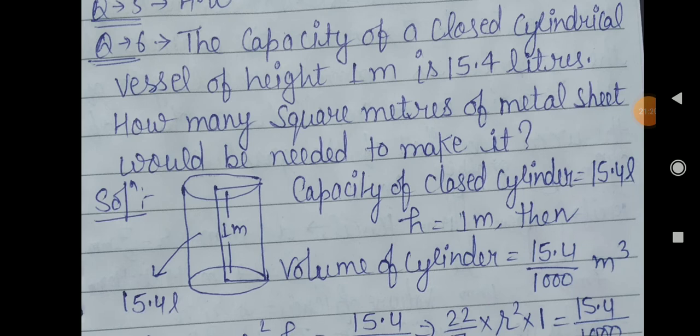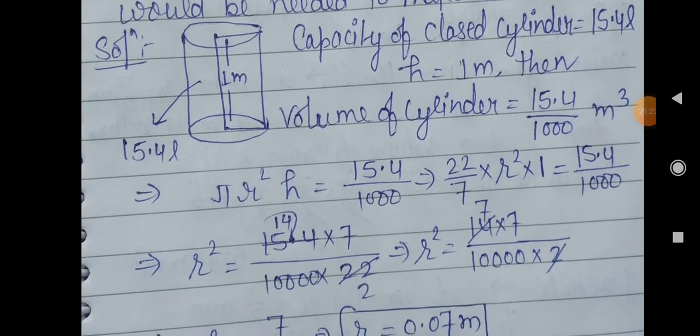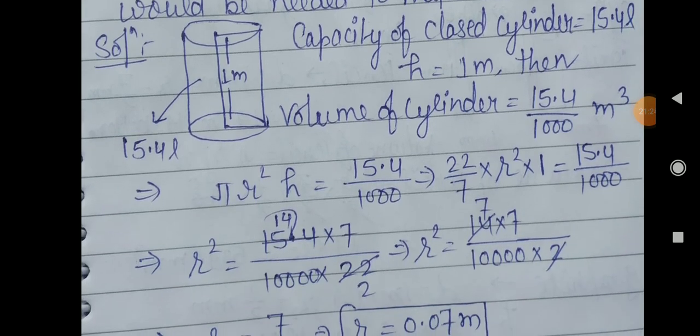This question also helps you find the radius, as in questions 4 and 5. But in this question we apply the volume and then find the radius, whereas in questions 4 and 5 you apply the curved surface area and then find the radius.